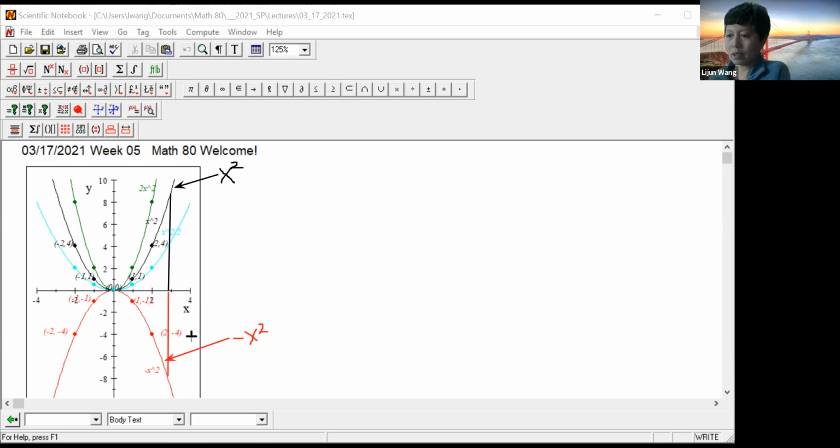The opposite of the output. So these two have opposite outputs for the same inputs. Does that make sense?